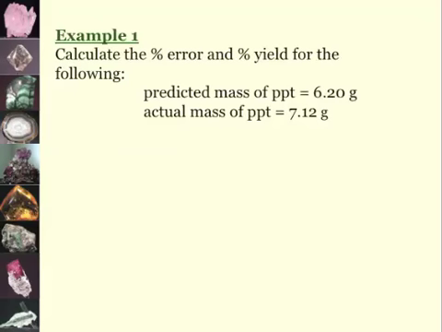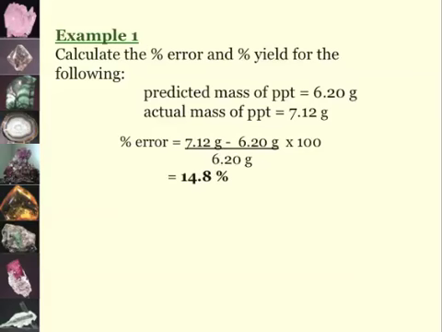So, example 1. Calculate the percent error and the percent yield for the following. If the predicted mass is 6.2 grams and the actual mass of precipitate is 7.12 grams. For percent error, you're going to take 7.12 minus 6.2, and divide that by 6.2, and we're going to get 14.8%, which is expected.